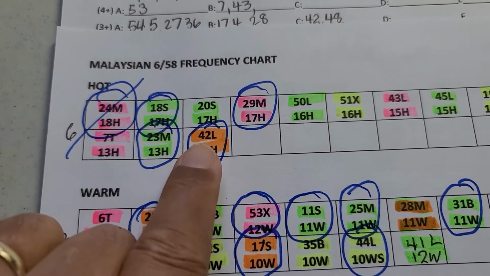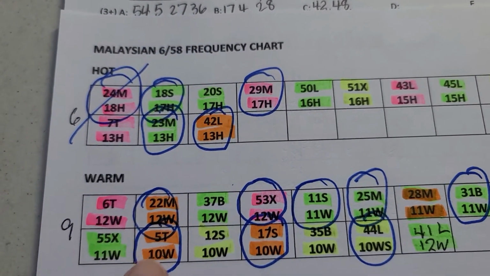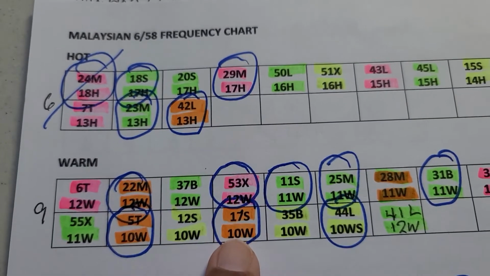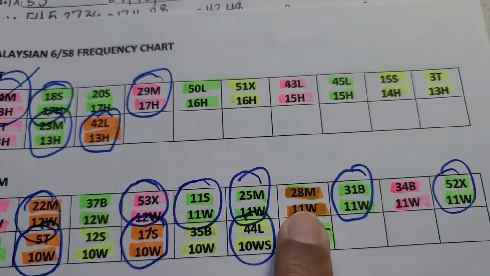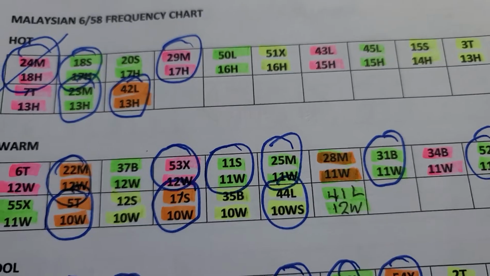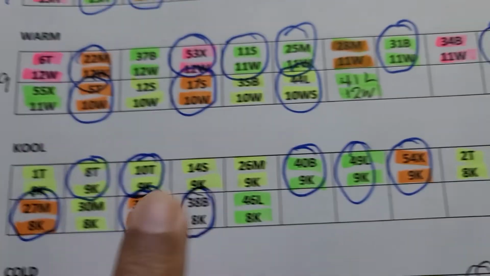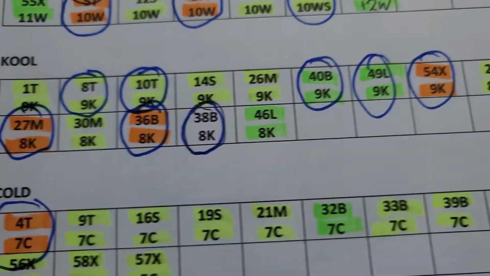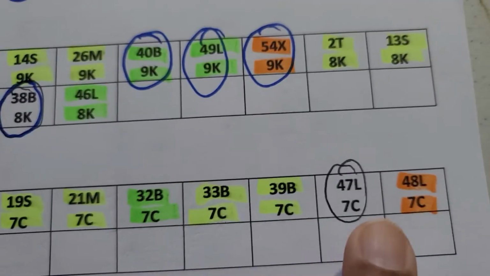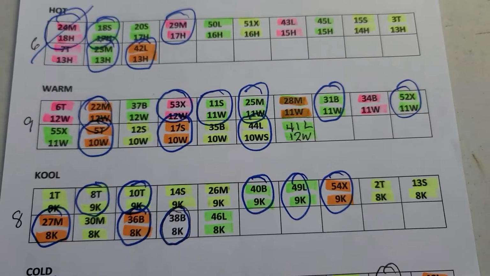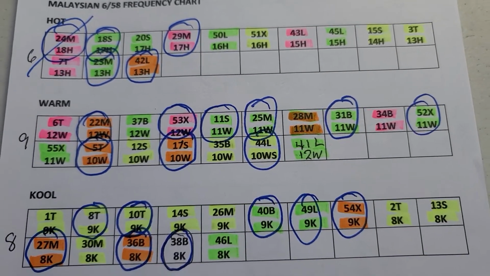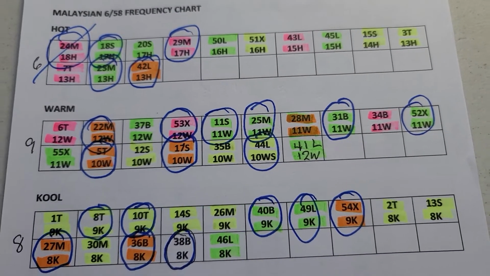So you have 42, 22, 5, 17, 28, 27, 36, 54, 4, and 48. Those are the second most repeated numbers, and I'm marking them here.